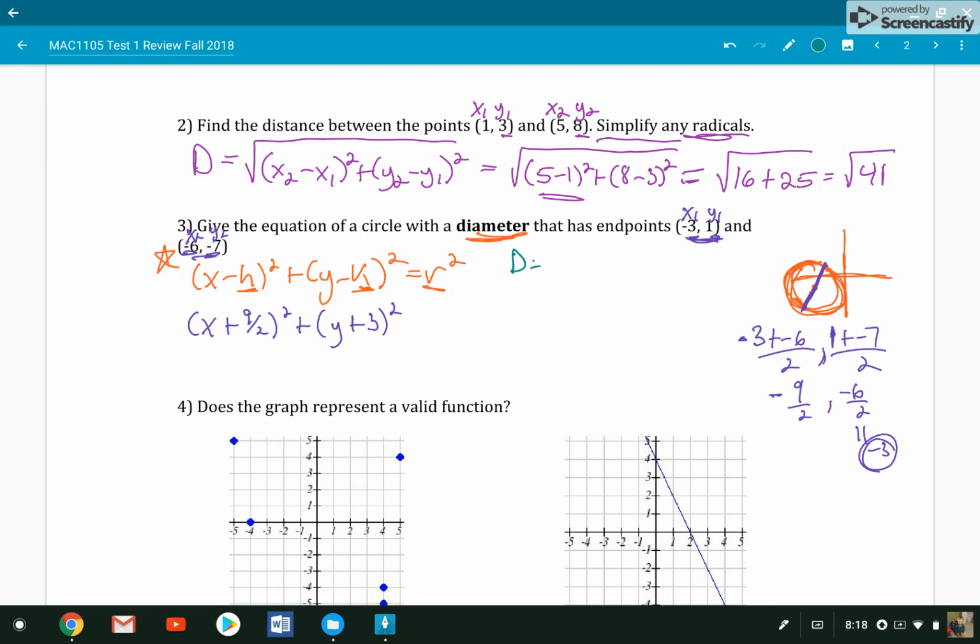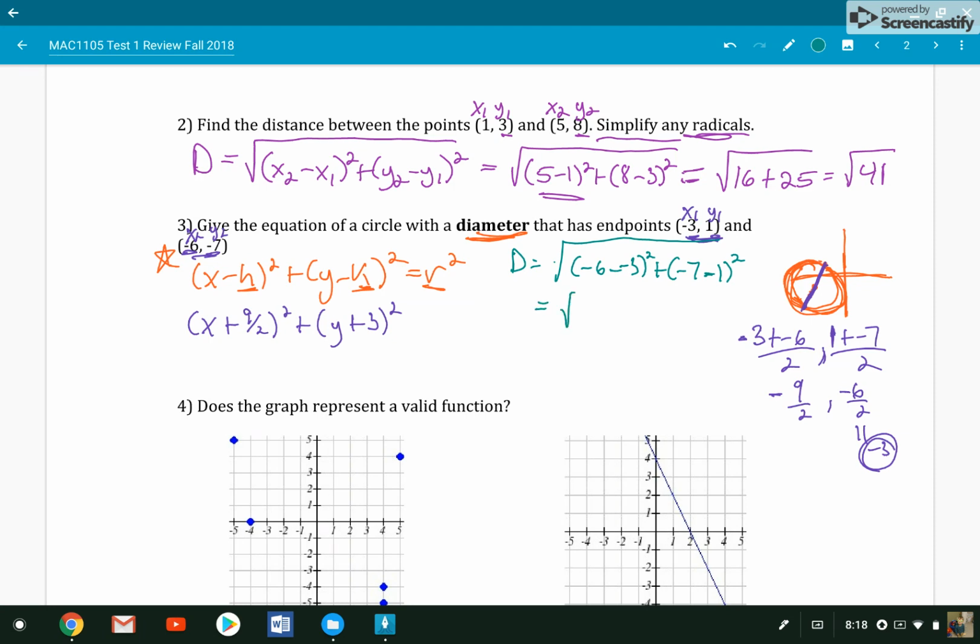The distance, or my diameter in this case, it's the square root of x2 minus x1. So I'm looking at negative 6 minus negative 3 squared, plus, and then y2 minus y1, that's negative 7 for y2, minus 1 for y1.